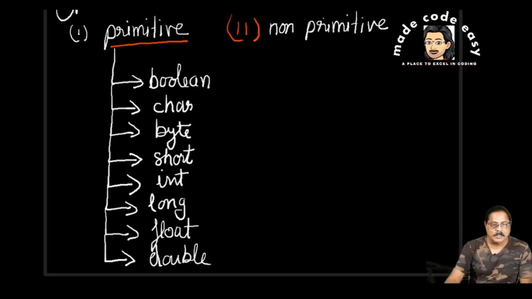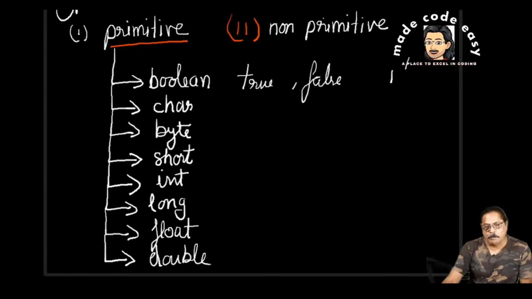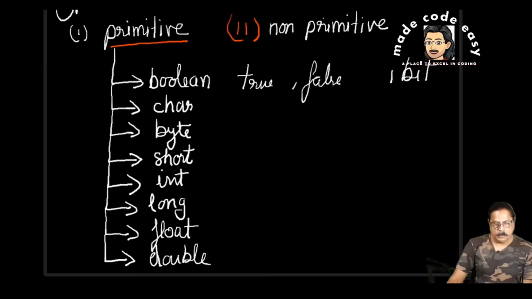Boolean represents true and false. It takes 1 bit of memory. Character is used to represent a single character.